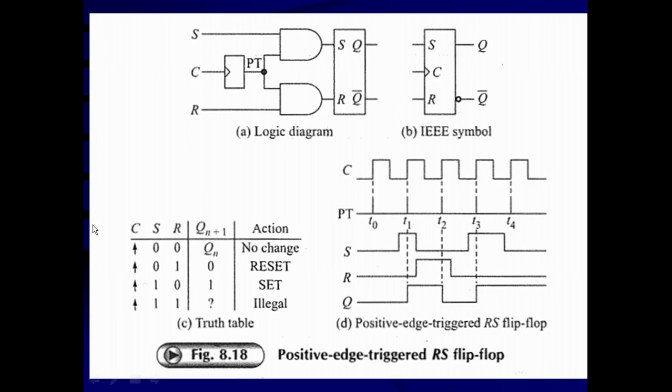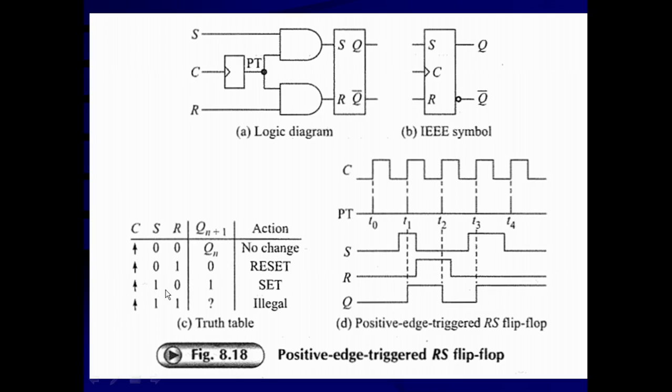If you give S is equal to 0, R is equal to 1, that is called the reset condition. So on a positive transition of the clock pulse, both the AND gates are enabled, and R is 1 and S is 0. So the flip-flop is going to be reset. So Qn plus 1 becomes 0. That is called reset.